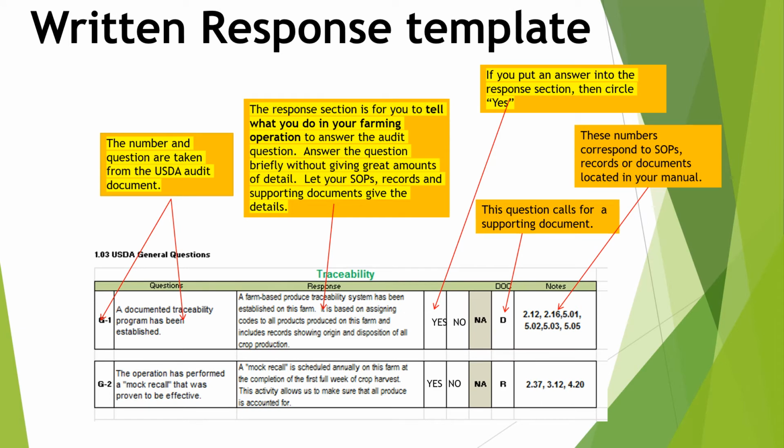Written response template. 1.03 USDA general questions. On the very left, the number and questions are taken from the USDA document. G-1. The question states, a documented traceability program has been established.